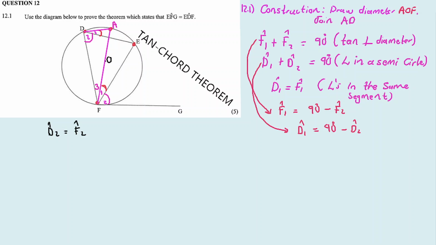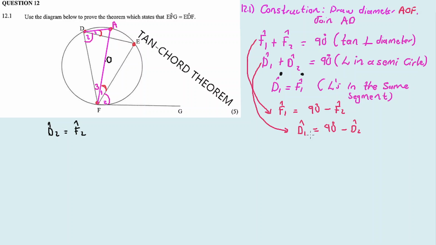I take the second equation and make D1 the subject of the formula. Why do I do this? Because D1 is equal to F1. Now the mission here is to prove that D2 and F2 are equal, and what will help us are these equations: F1 equals 90 degrees minus F2, D1 equals 90 degrees minus D2.